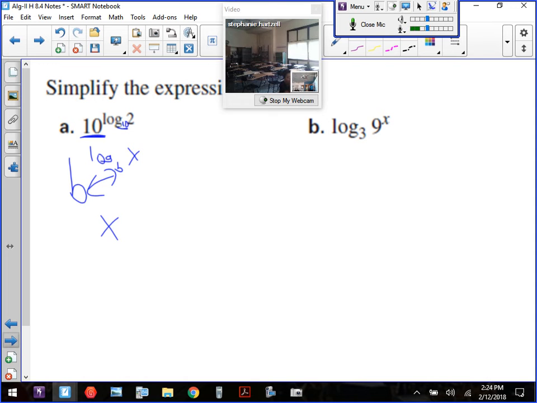Same thing with the next one. Log base 3 of 9 to the x. In my mind, I've got to figure out a way to rewrite 9 as a base 3. 3 squared. I thought you said squared. I'm like, yeah, 9 to the square root, but that won't give me a base 3. But I can do this. Log base 3 of 3 squared to the x. Then it undoes itself.